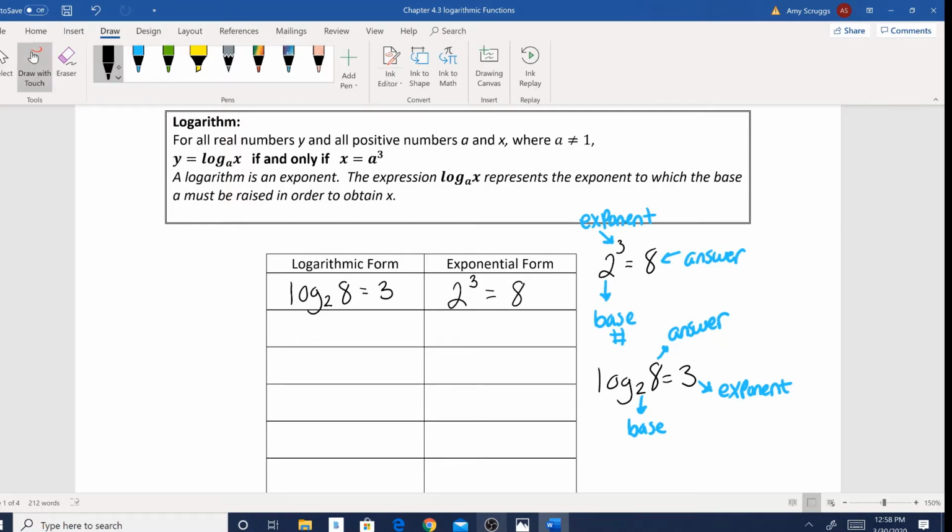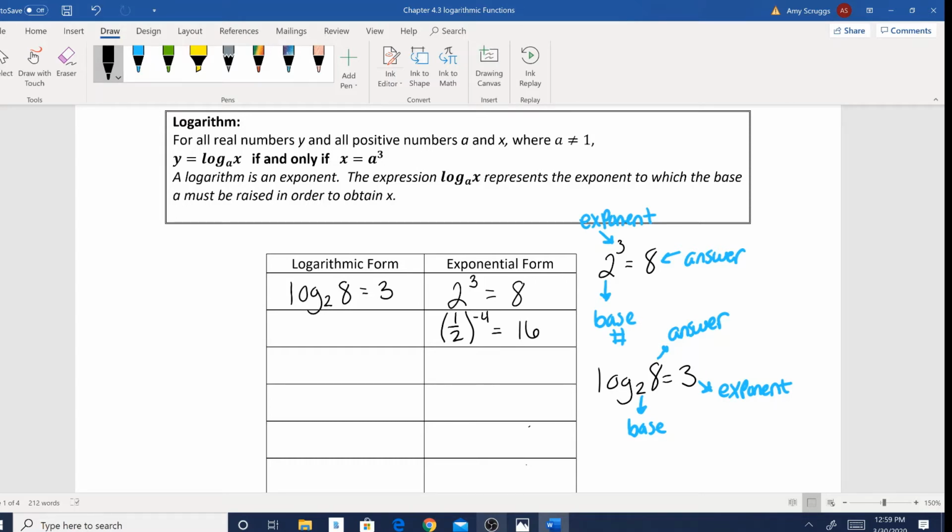Okay, let's do another one, and I want to do one that's a little more complicated this time. What if I gave you an exponential form, 1/2 raised to the negative 4 is equal to 16?